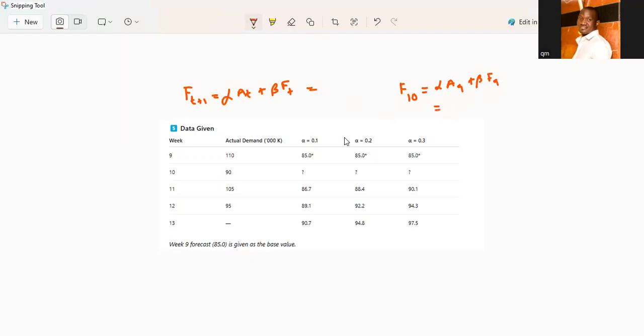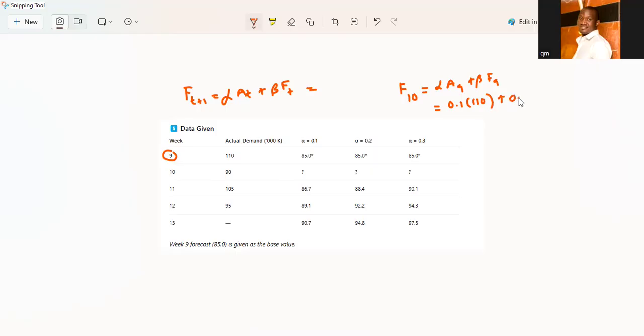Here our alpha is 0.1, and we take 110 as the actual demand. Then beta is simply 1 minus alpha. If this is 0.1, then beta should be 0.9.